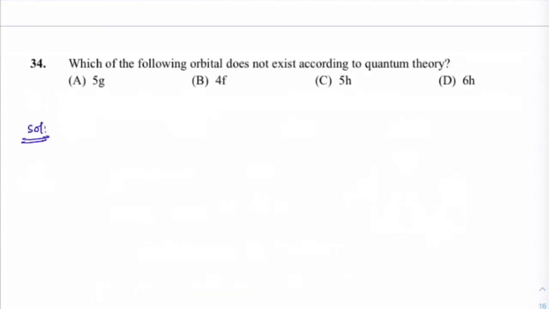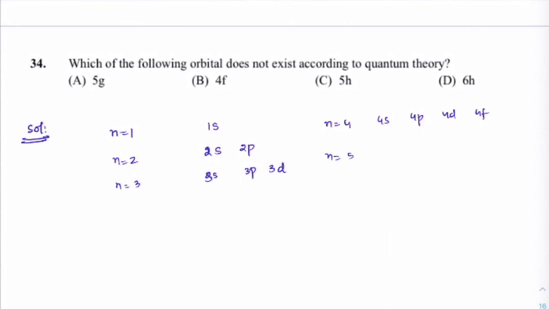The next question says which of the following orbitals do not exist as per quantum theory? For n is equal to 1, we know we have only one subshell, 1s. N is equal to 2, we have 2s and 2p. N is equal to 3, we have 3s, 3p, 3d. Similarly, n is equal to 4, we have 4s, 4p, 4d, 4f.